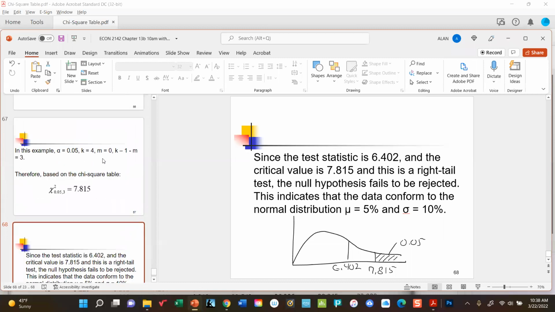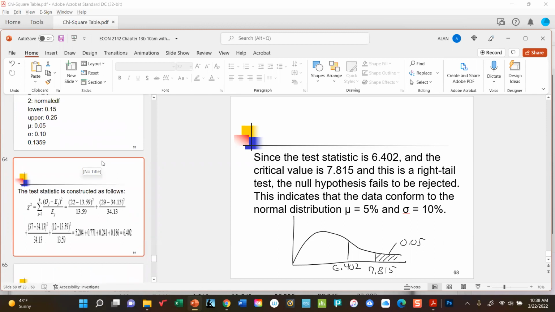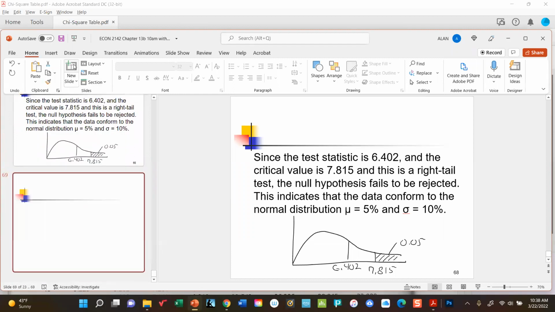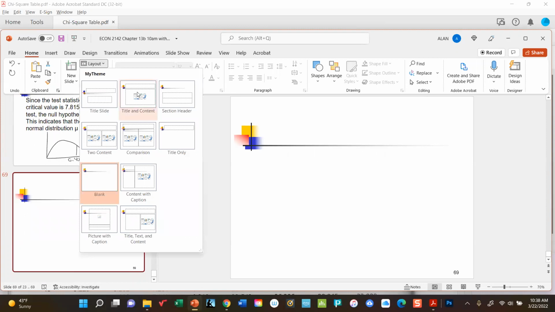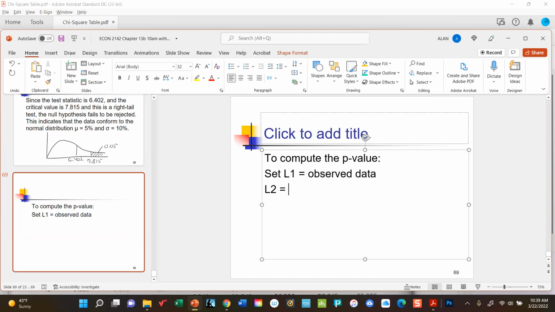But why don't we go ahead and calculate the p-value based on the data that we just came up with. So I'll sneak that in down here. So set L1 equal to observed data. L2 is expected data, or expected frequencies, I guess I should say.